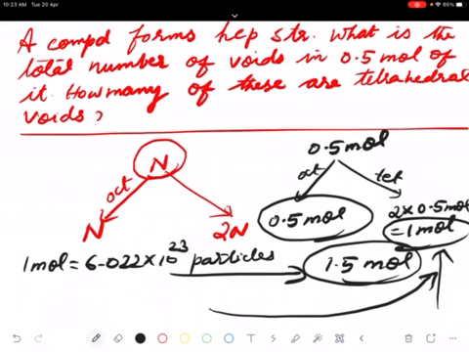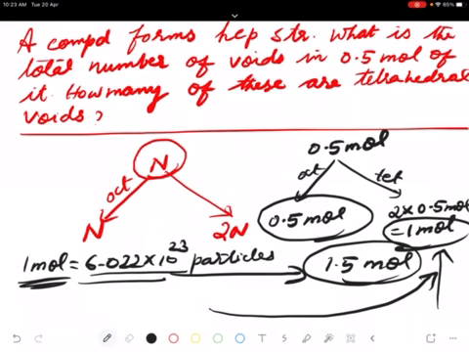If you are telling in terms of moles, it's somewhat like dozen. 1 dozen means 12 particles. So either you can talk in terms of moles or you can talk in terms of the real number of particles. Next question.